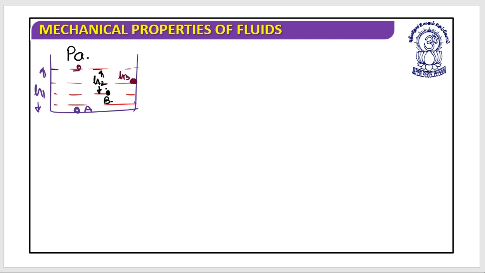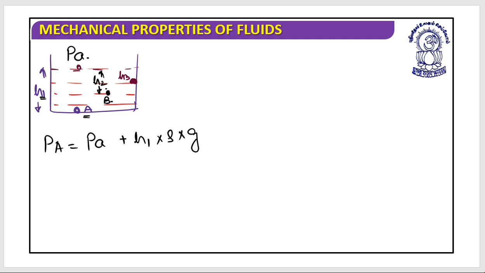So if I want to write the pressure at A, it would be equal to P_A plus the height of the liquid column, h1, multiplied by the density of the liquid, multiplied by g.